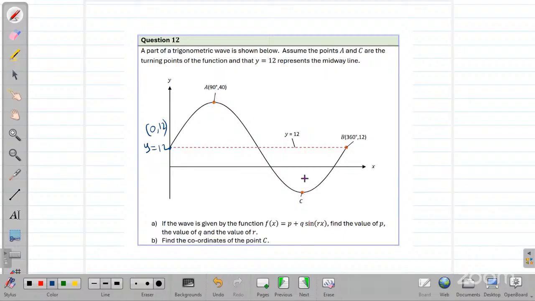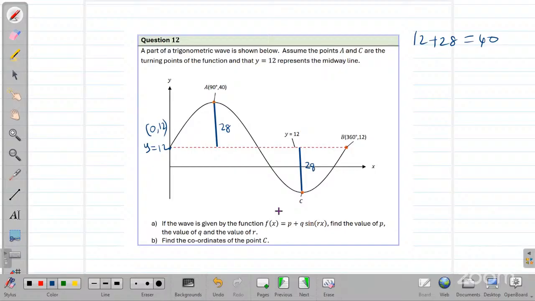And how much will be the minimum value? Minimum value we can just find out directly here. You see the distance that we can take here is the amplitude, and the distance that we can have over here, now the distance here is 28. Is that right? Because 12 plus 28 is 40. Now here also the distance will be 28 because it's symmetric on both sides along the midway, because 12 is acting as a midway.